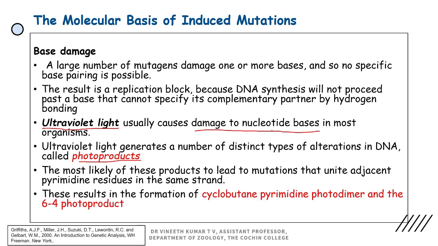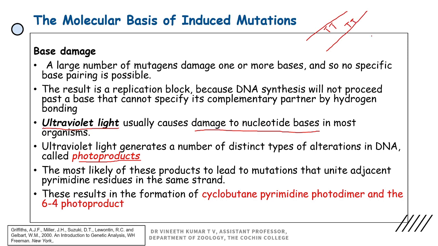So what ultraviolet rays usually do is, if this is a DNA strand, say there is a region where I have two or three repeated thymines. There are regions where you have two thymines like this in the DNA. Here also I take two thymines in both the strands.